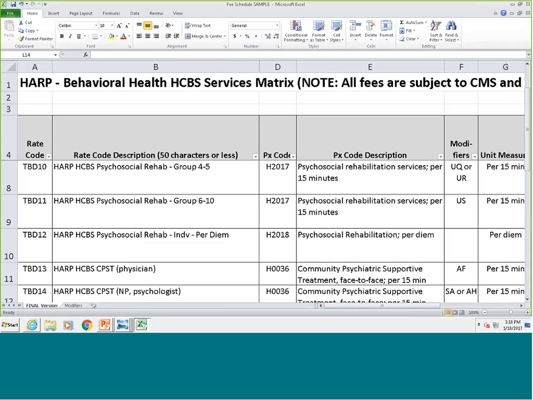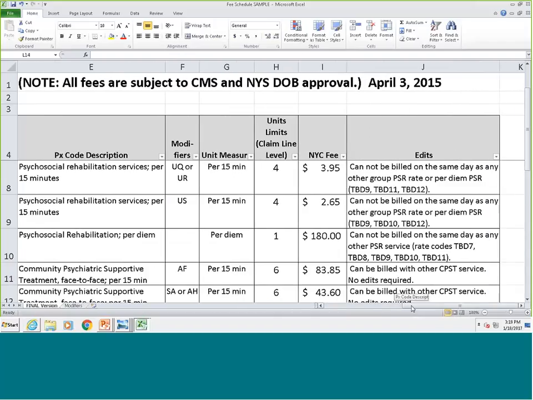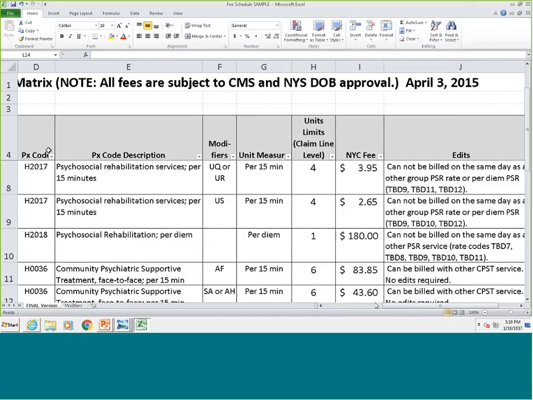So column A, you see what the rate code is, and B is a description of what that rate code. Column D is the procedure code, the CPT, or the service code, with a description of that in column E. Column F is the modifiers. Those modifiers, again, is additional information that will help the MCO process the claim.